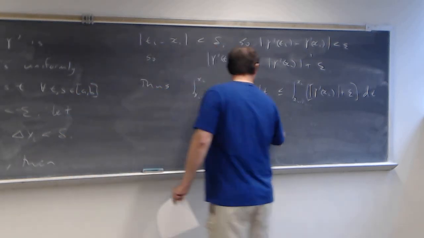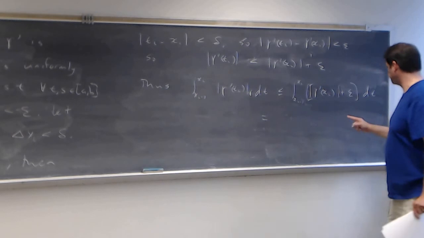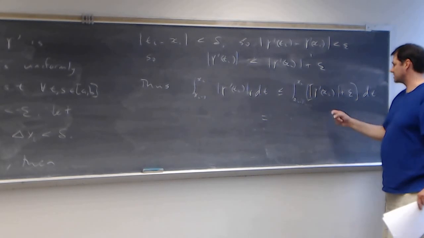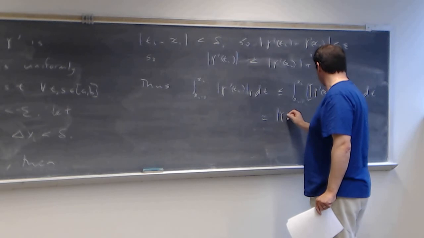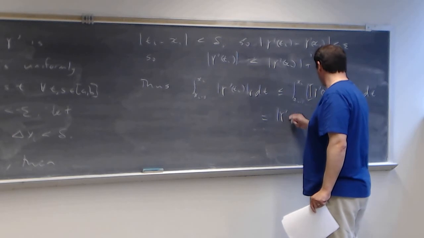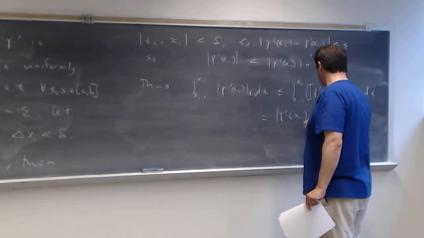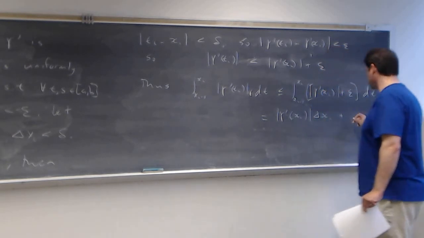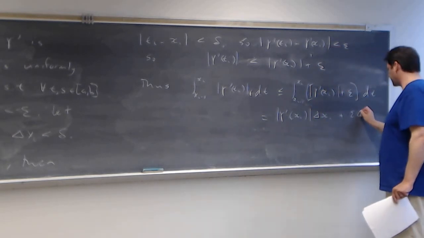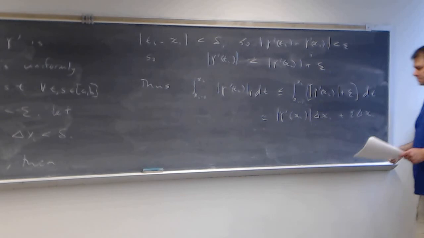And then that is going to be equal to, okay, these are constants with respect to t, so what we get is the norm of gamma prime of x sub i times delta x sub i plus epsilon times delta x sub i.